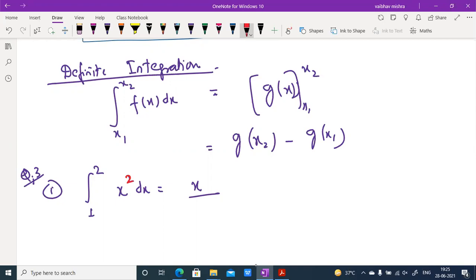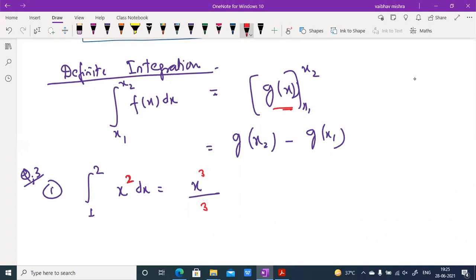X cube by 3. X to the power n plus 1, so 2 plus 1 becomes 3, divided by 2 plus 1, that becomes 3.